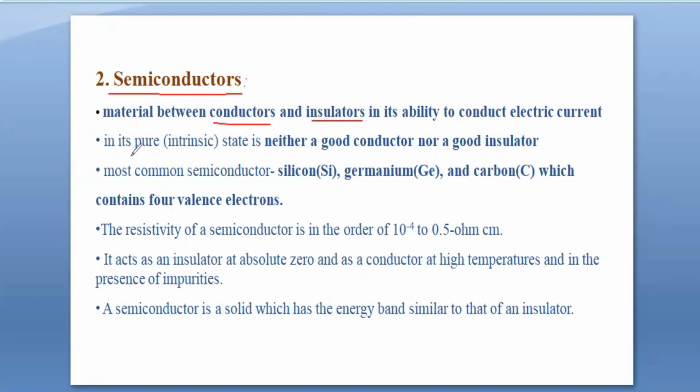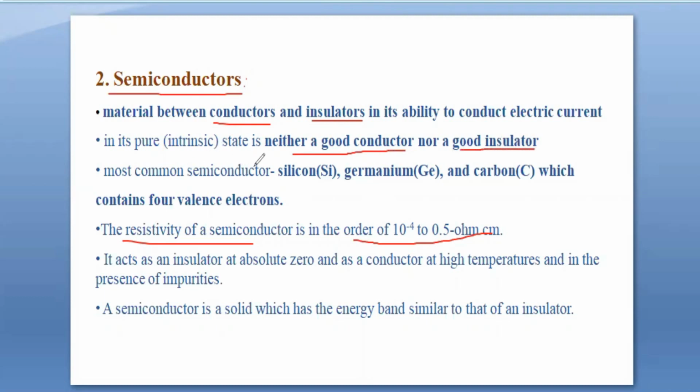They carry a very small amount of current, so their resistivity is high, approximately in the order of 10 power minus 4 ohm centimeter to 0.5 ohm centimeter. They act neither as a good conductor nor as a good insulator.